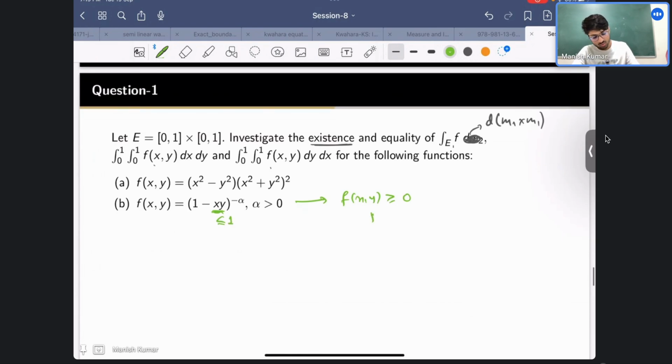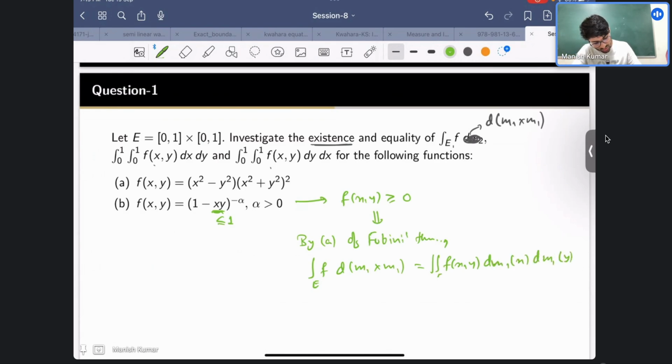So by Tonelli, sorry, Fubini's theorem, you know that the integral of f d m1 cross m1 will be equal to the double iterated integral of f(x, y) d m1 x d m1 y over [0,1] and [0,1].